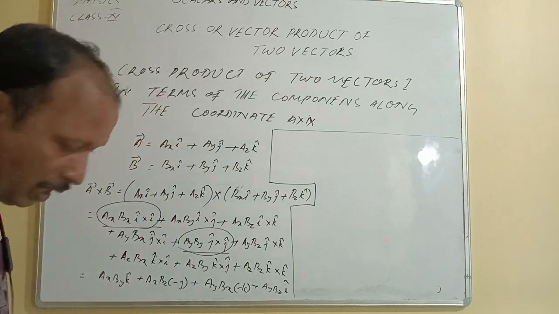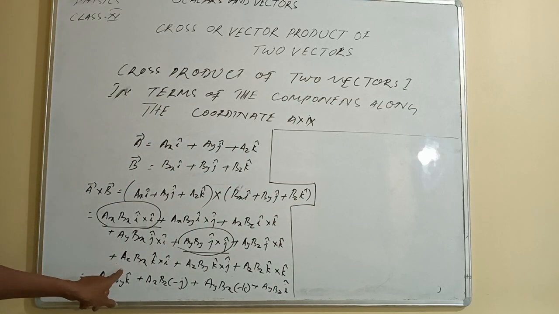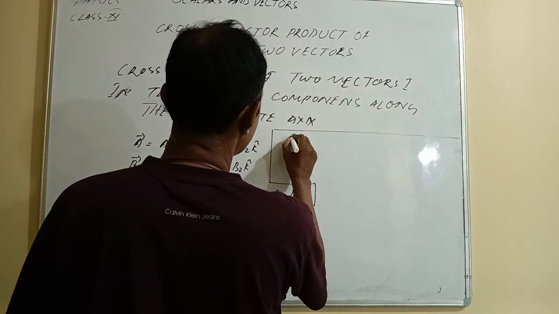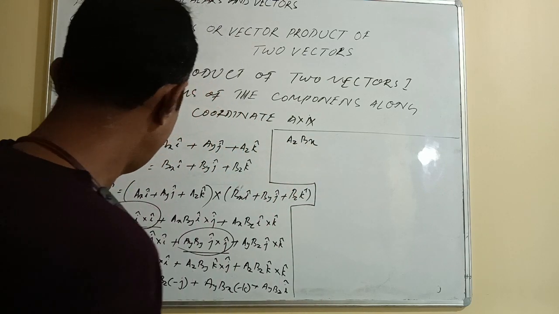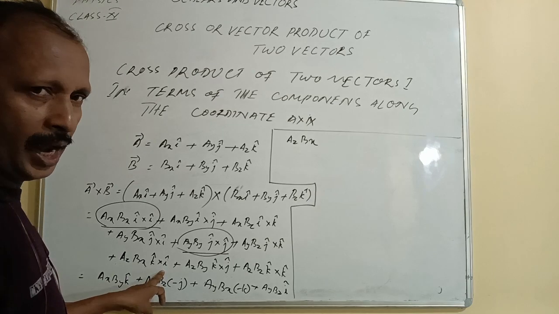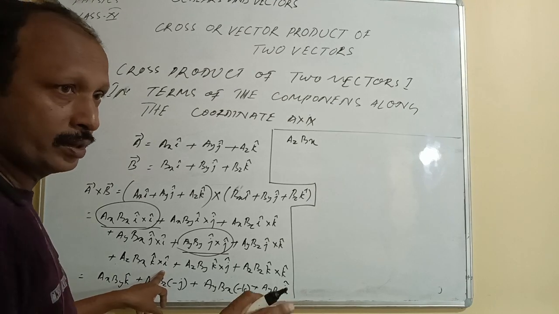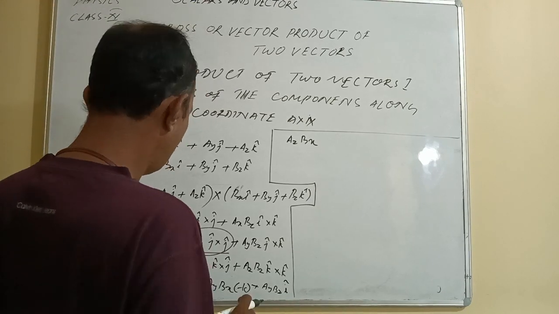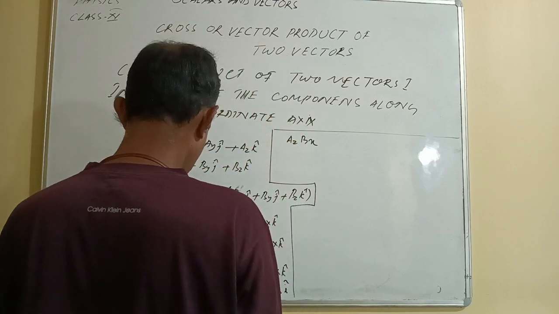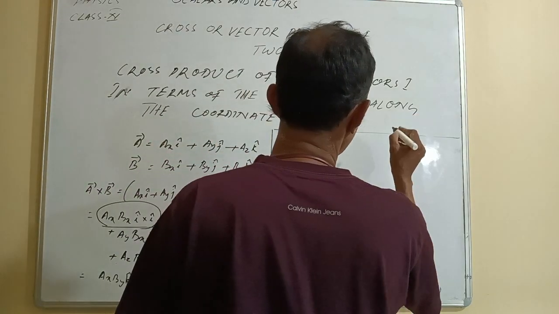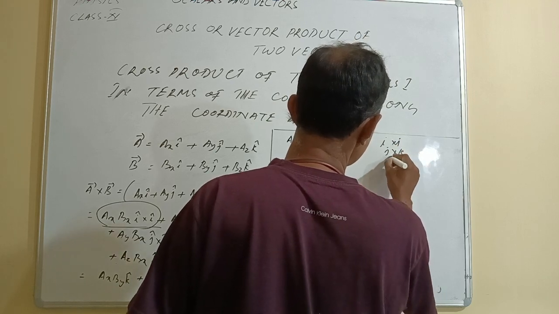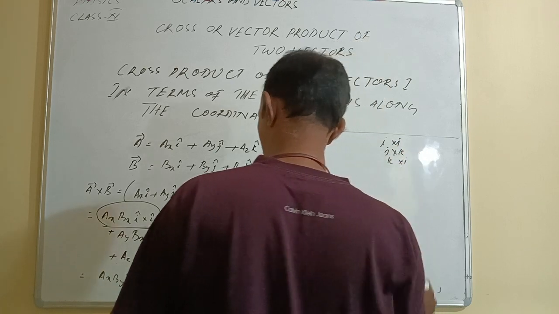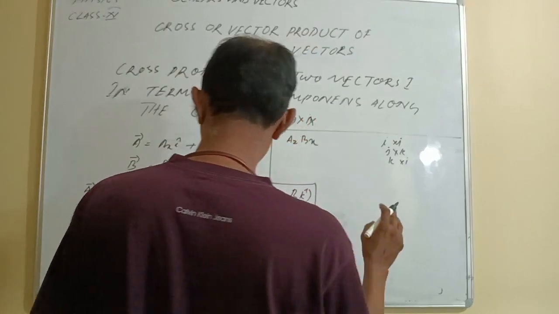See here, third line. AZ BX K cross I. K cross I is equal to, see that our order is I J, J K, K I. So this is K I, it is correct.